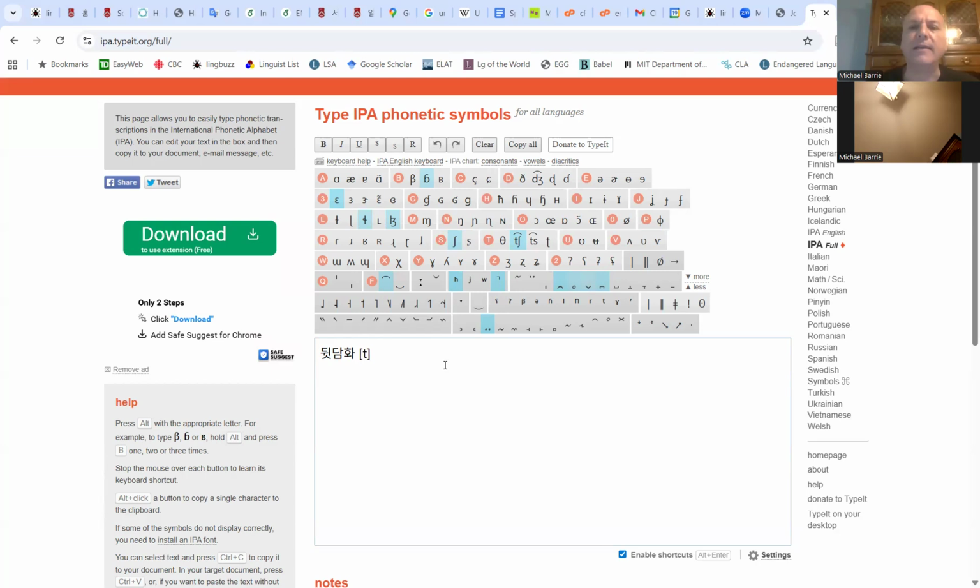Okay, this one's a little tricky. So if you notice the first consonant is a T sound, and then followed by a glide.